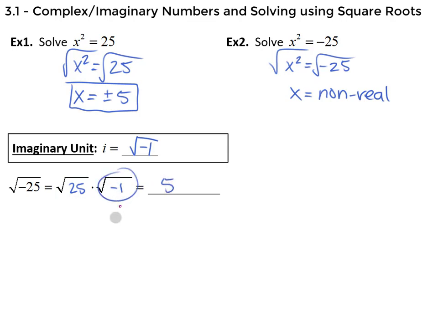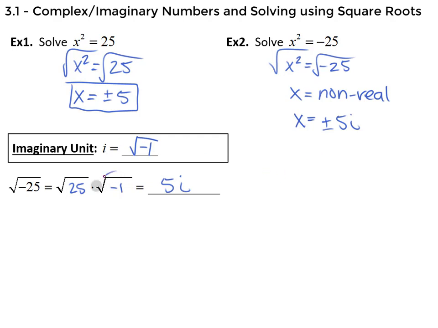And the square root of negative 1 is defined to be i. So we can write this as 5i. Now, for our problem up here, where we needed to put plus or minus, we could write this as plus or minus 5i. Positive 5i and negative 5i would give us our two solutions there.